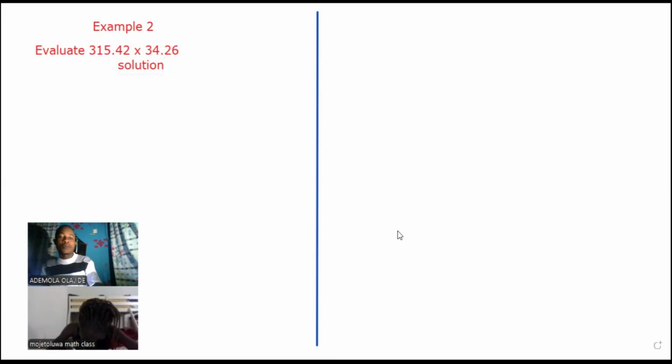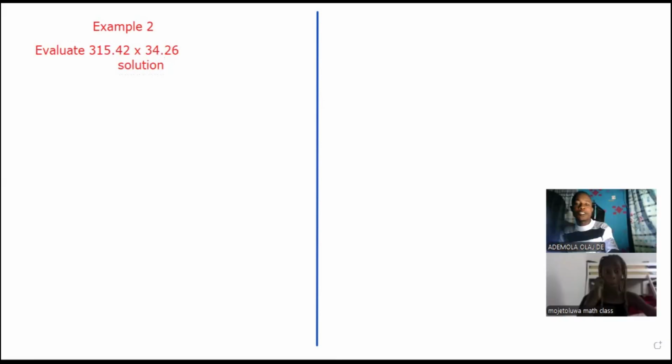For multiplication, what we want to do is to first write the number out without their decimal parts. It is when you multiply them out normally that you now put your decimal. Put your decimal later.